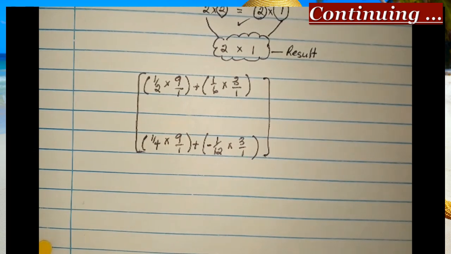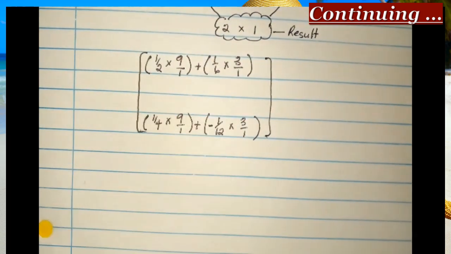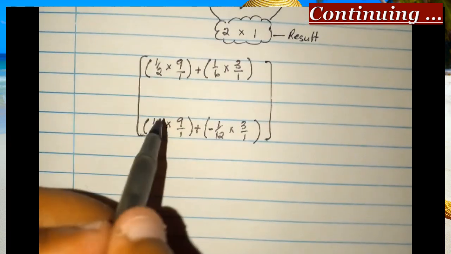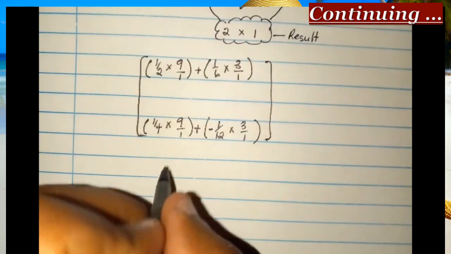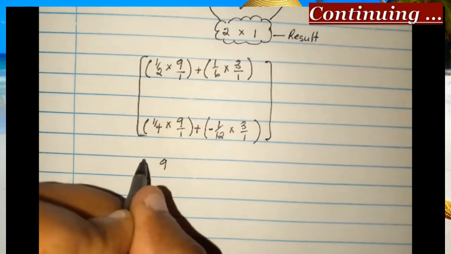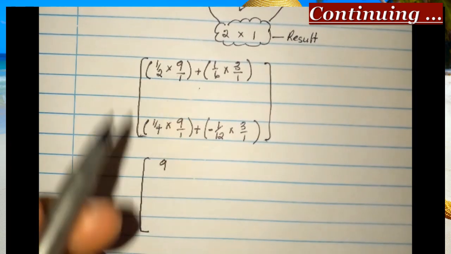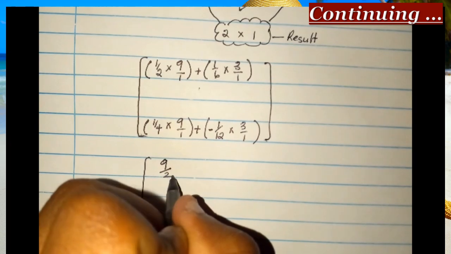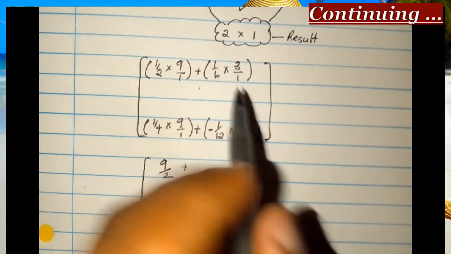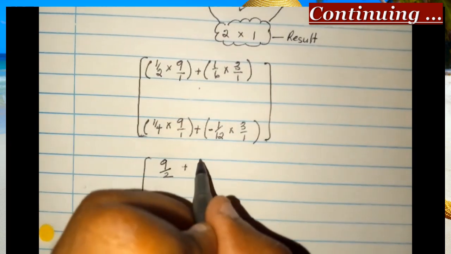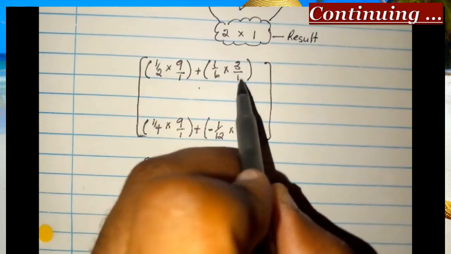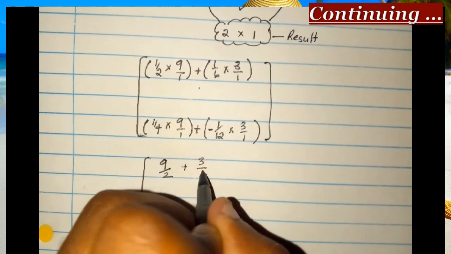So remember in fractions, I can simply multiply the numerator with the numerator and the denominator with the denominator. So 1 times 9 is 9, and 2 times 1 is 2. I'm going to add to that 1 times 3, 3, and 6 times 1, 6.